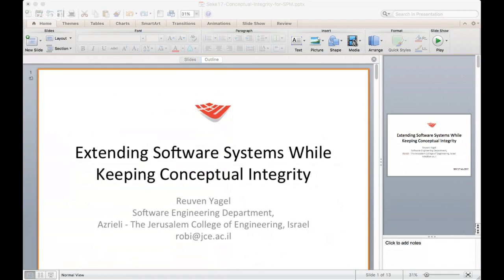In more recent years, there was a nice, interesting, and influential work by Jackson at MIT, where he used this concept to evaluate the design of Git. Git is a very popular version control system, started by Linus Torvalds of Linux fame, and is also known to have some issues.